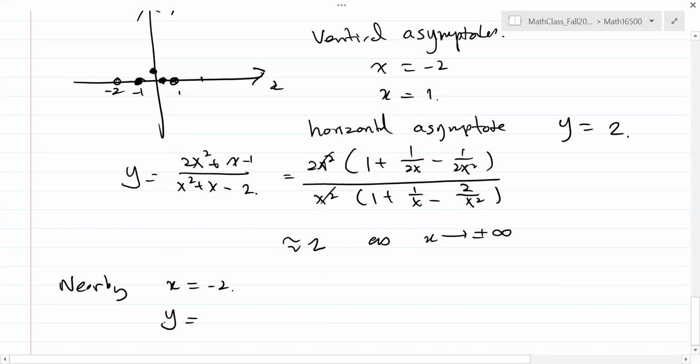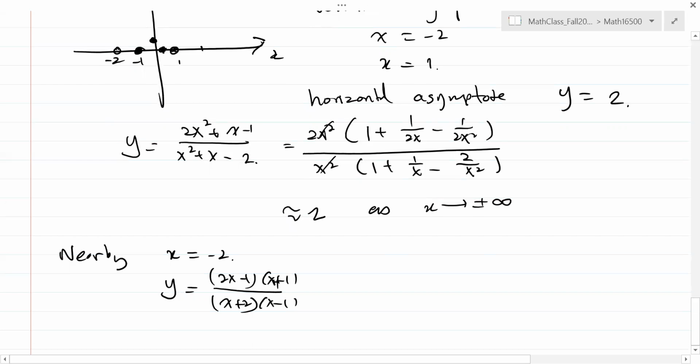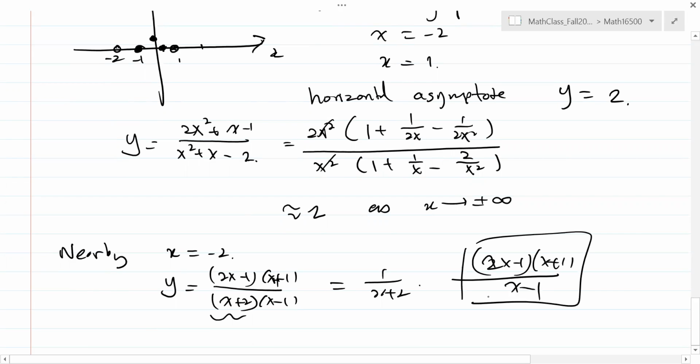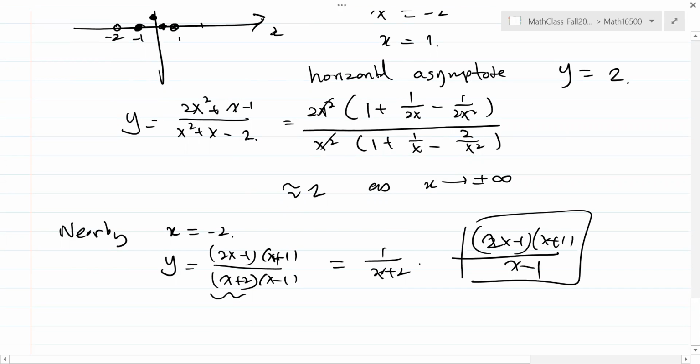y is going to be, we look at the factors, right? x plus 2, x minus 1, and 2x minus 1, and x plus 1. What we need is just the x plus 2 term, and the rest of them we can put together. This part is almost constant.